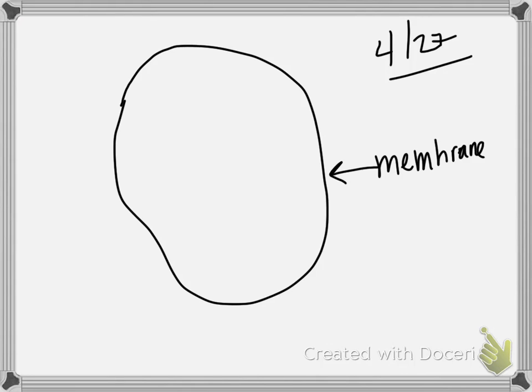In the case of a balloon, what is the balloon skin allowing to go through it? Air. In the case of an inflated balloon, yes. So that membrane, do you know the word permeable? What does permeable mean?